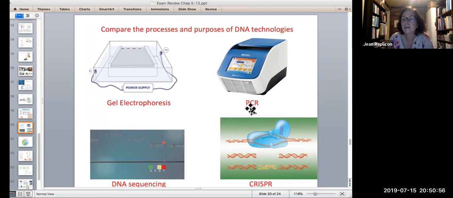This is PCR, polymerase chain reaction, a technology where segments of DNA can be increased dramatically in their number. That is done using cycles of heating. So it's all programmed. It heats and has the presence of enzymes that can copy.